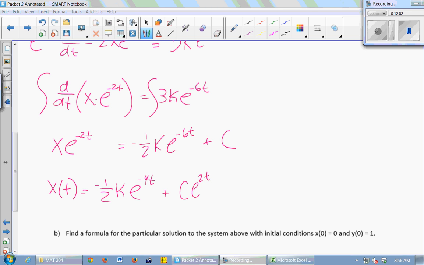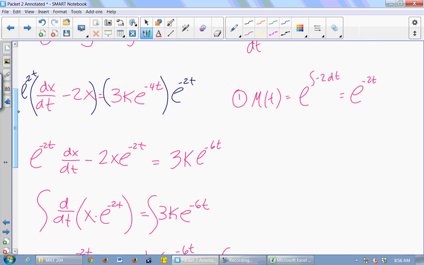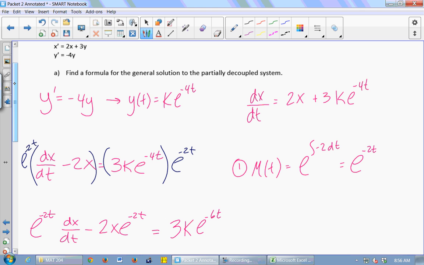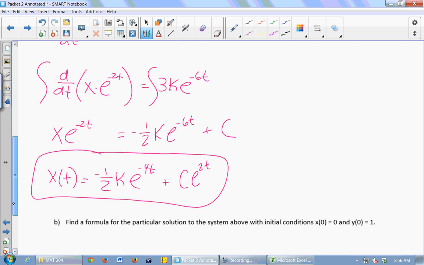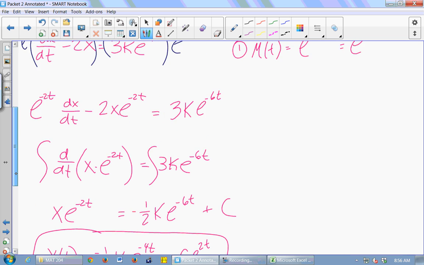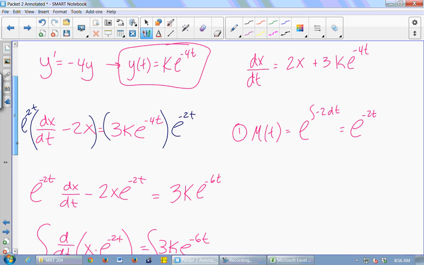Okay. Anyways, so now I have a formula for x and a formula for y that I found way back here. That is the same k, yes, because that k came from there, because this was a 3y, and I replaced the y with k e to the negative 4t.